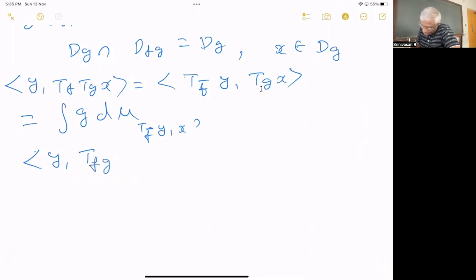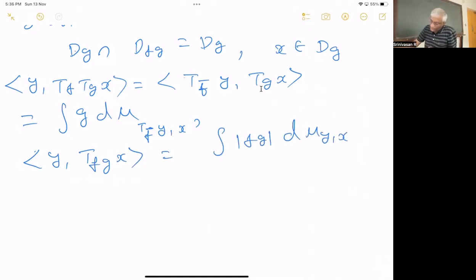TFG X is equal to, by definition, the integral of mod FG d mu YX. So this is by definition, right? The point is we have these two equations.